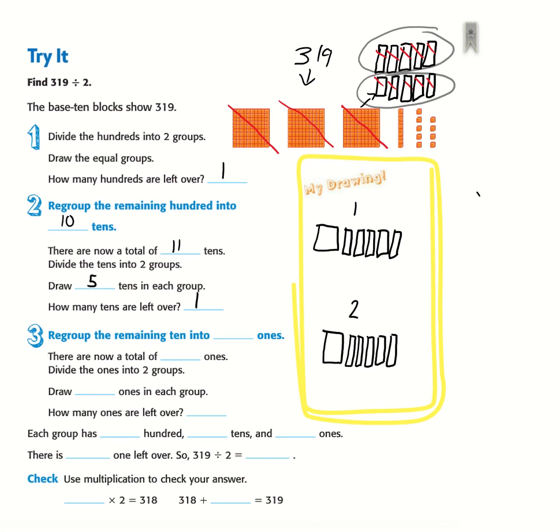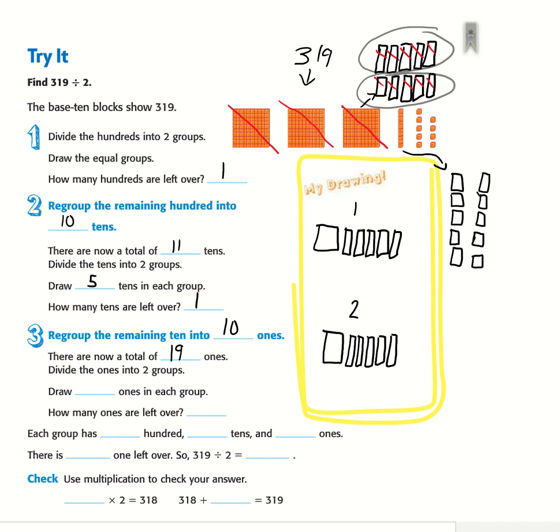So it says regroup the remaining 10 into 10 ones. So I'm going to take this 10, and now it's going to be 10 ones. So now there are a total, so I have 10 ones here, and I have 9 ones up here, so I have a total of 19 ones.